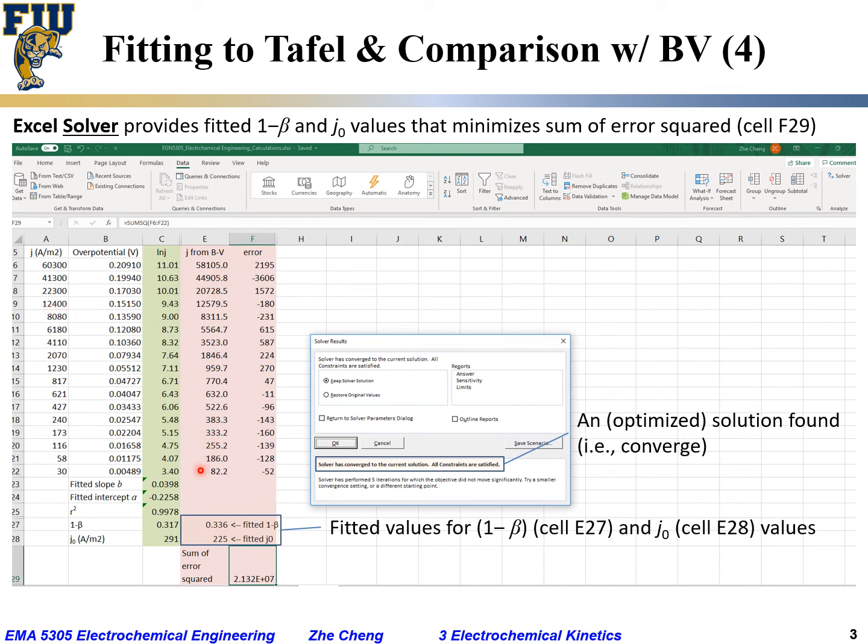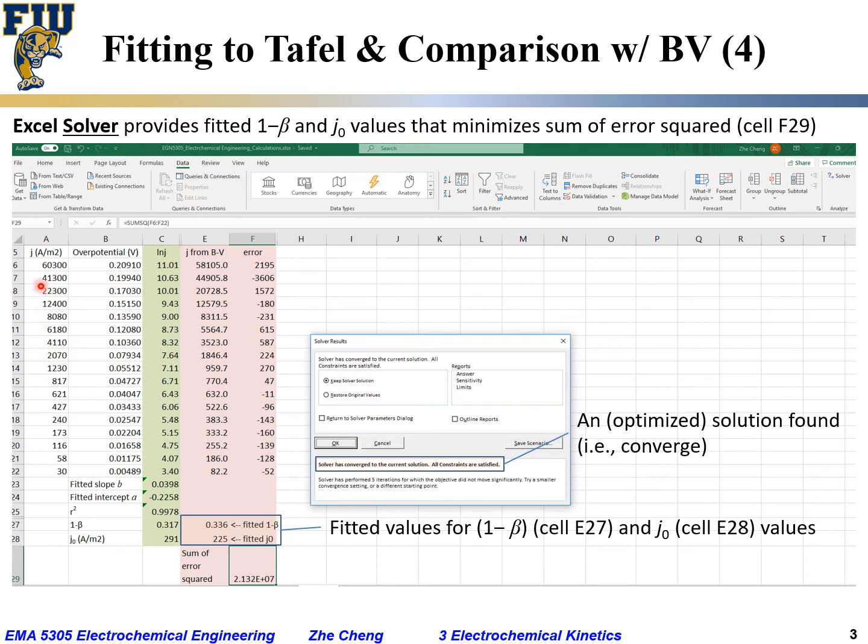These values are obtained by fitting the data, trying to find optimized 1 minus beta and J0 values so that the error between experiment and calculated from Butler-Volmer is minimized.